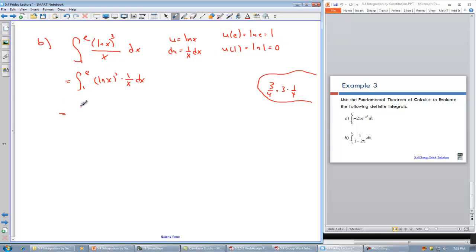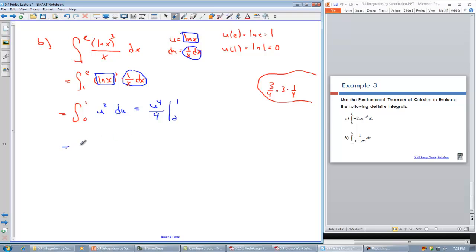So this is going to become the integral, now the x stuff becomes the u stuff, from 0 to 1. This is my u, ln x here, and then of course this 1 over x dx is my du. So I have u cubed du, which equals u to the 4th divided by 4, from 0 to 1.